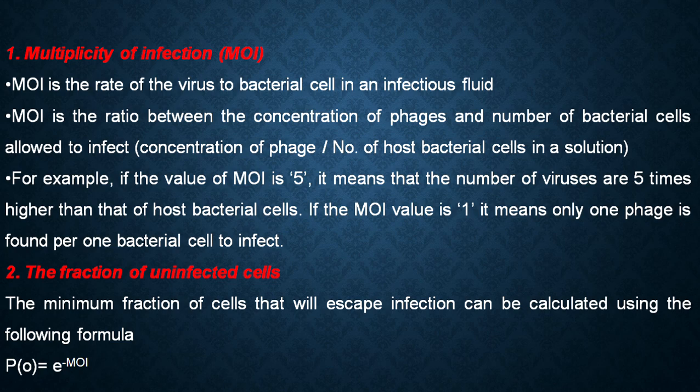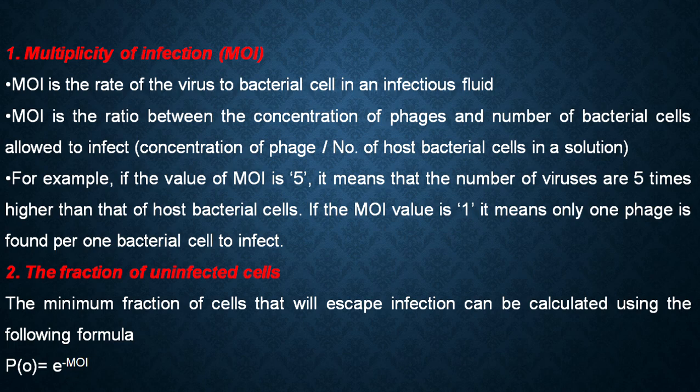For example, if the value of MOI is 5, it means that the number of viruses is 5 times higher than that of host bacterial cells. If the MOI value is 1, it means only one phage per one bacterial cell to infect.